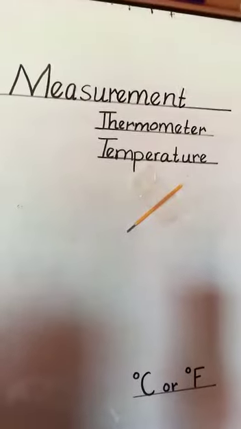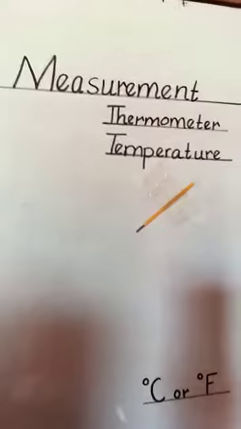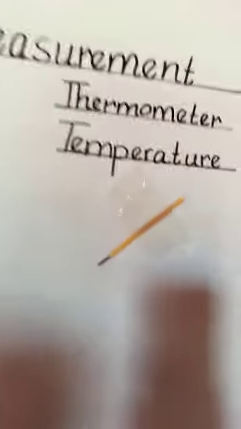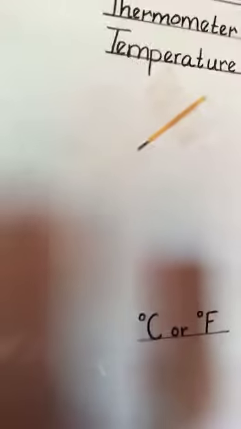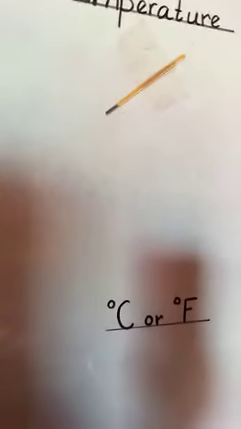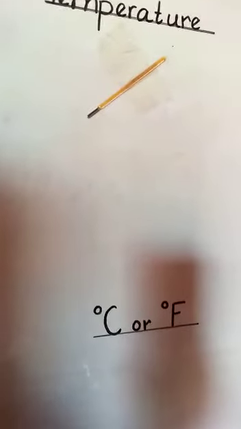Next that I pasted on the board is the clock and we use the clock to measure time, and the unit for time is seconds. Second last, I have pasted the thermometer and it is used to measure temperature, and the unit of temperature is degree Celsius or degree Fahrenheit.